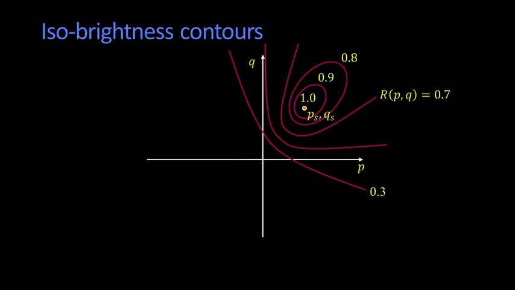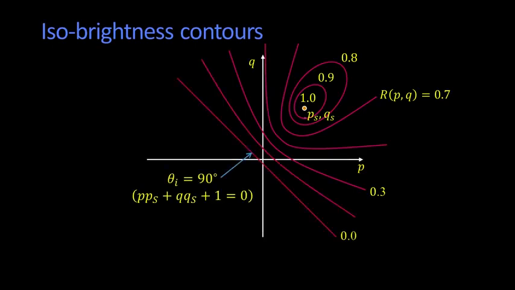That would be this line right here, where it's a 0 value, because that's the equation of a line in PQ space: P times PS plus Q times QS plus 1 equals 0. That's like AX plus BY plus C equals 0, but in PQ space it's AP plus BQ plus C equals 0, so it's a line. So the perpendicular situation is a line in PQ space.